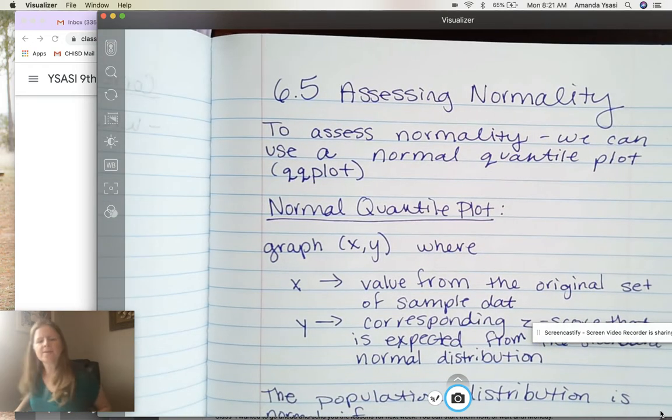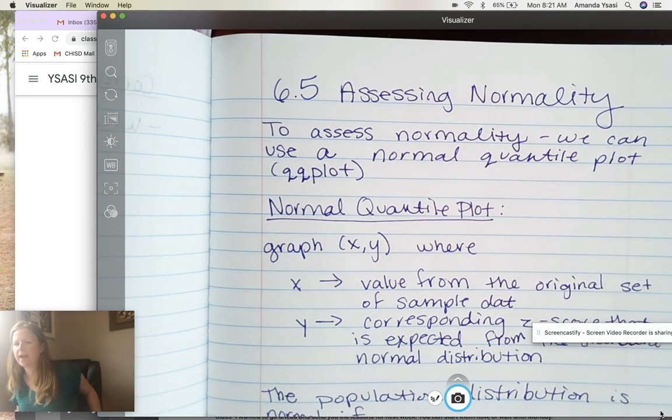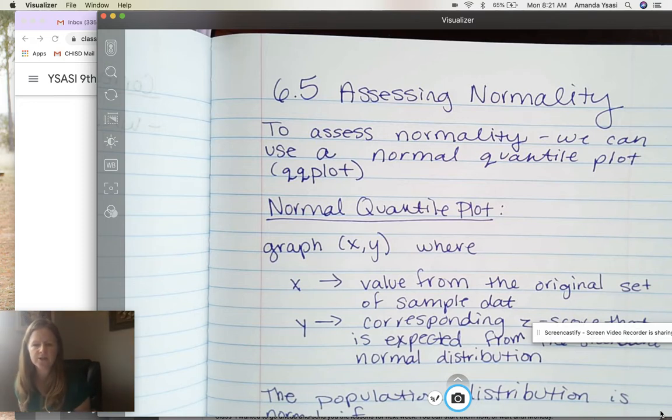In order to assess normality, we are going to look at the normal quintile plot, which is also called the QQ plot. We're going to use a program called StatCrunch to create this QQ plot. You don't have to do it by hand, so that's good.